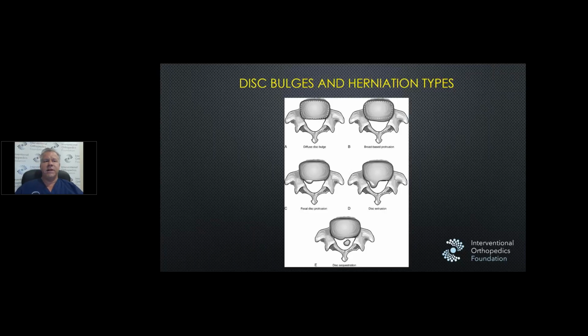There's a diffuse disc bulge, and I'm going to get a pen here. A diffuse disc bulge goes out slightly in all directions. Then we have a broad-base disc bulge, which tends to go a little bit more in one direction, usually posteriorly. And then we've got a focal disc protrusion, and then a disc extrusion or herniated disc.